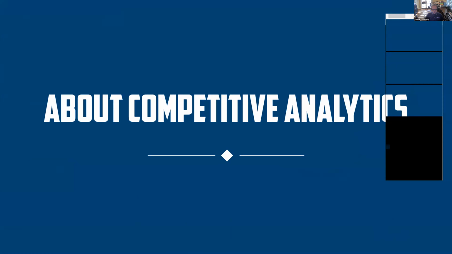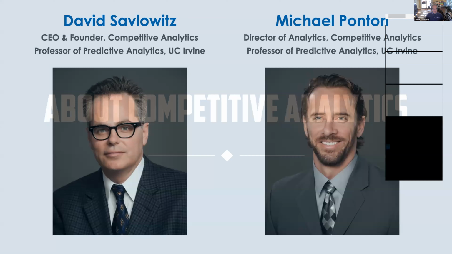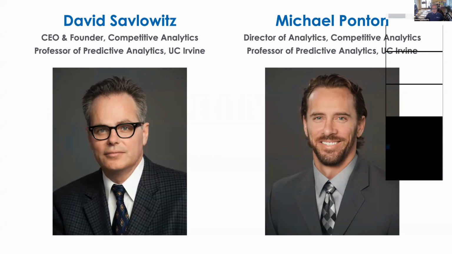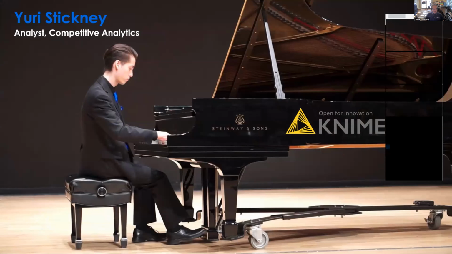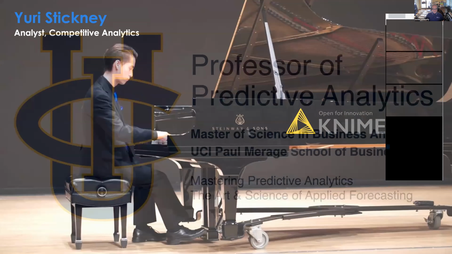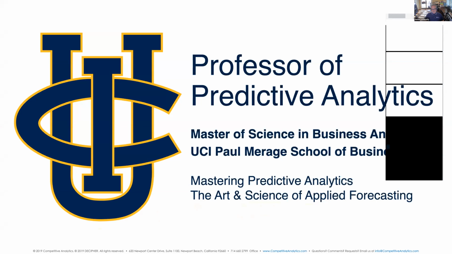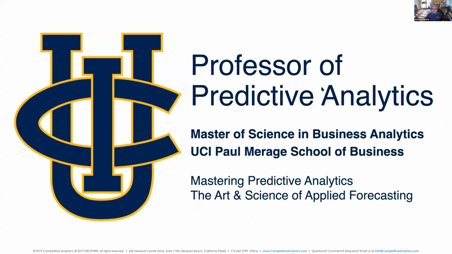Very quickly about Competitive Analytics. I'm the CEO and founder, and Michael Ponton's director of analytics. Yuri is going to be our main feature today. He's one of our very talented analysts who's our internal Knime expert. Michael and I are also professors of predictive analytics in the MSBA program at the UCI Paul Merage School of Business.